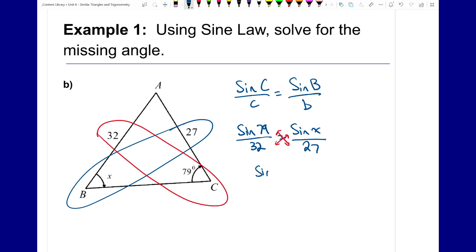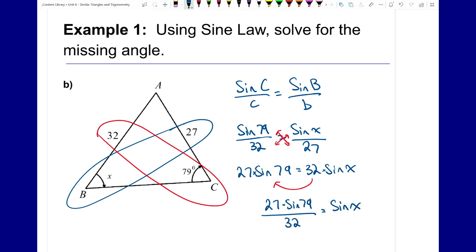We get 27 times sine 79 equals 32 times sine x. I want to get sine x by itself, so I'm going to move the 32 over. I get 27 times sine 79 divided by 32 equals sine x.